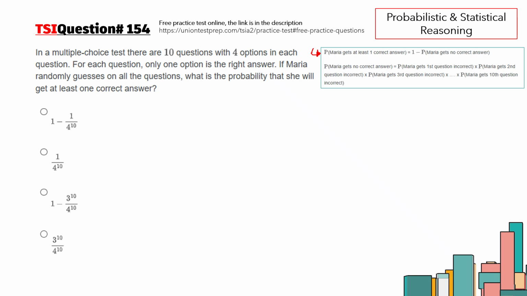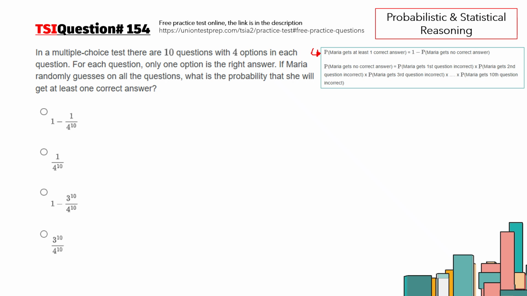To find the probability that Maria gets no correct answers, we take the probability she gets the first question incorrect, multiplied by the probability Maria gets the second question incorrect, and so on up to question number 10.